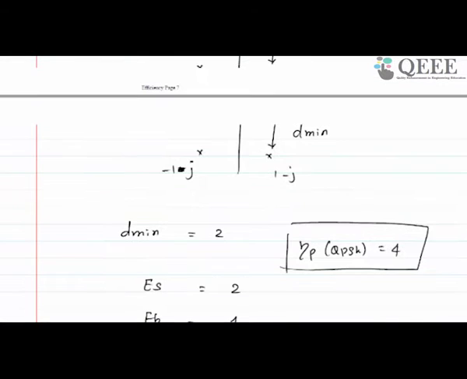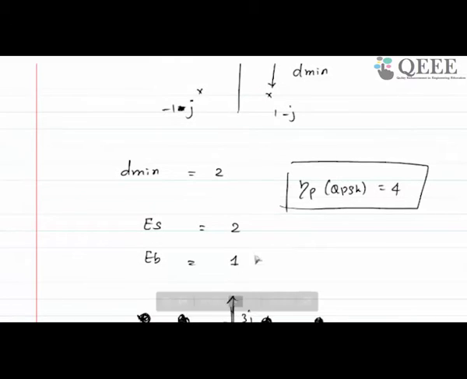So d min is 2, and the energy spent in sending the symbols, all the points have the same energy, which is 2. So the energy per bit is 1, because I am sending 2 bits per symbol. So ES is 2, EB is 1, d min is 2. So for QPSK, the power efficiency is 4.